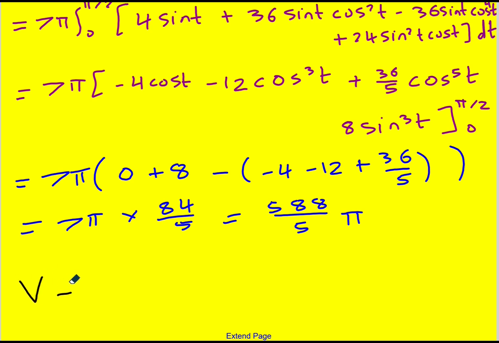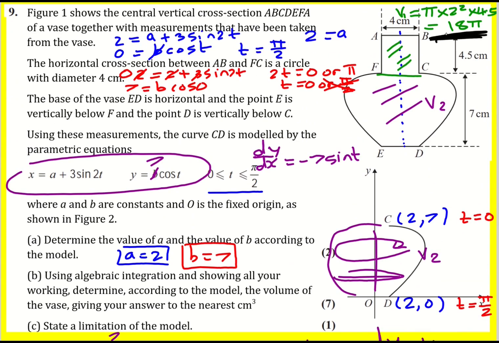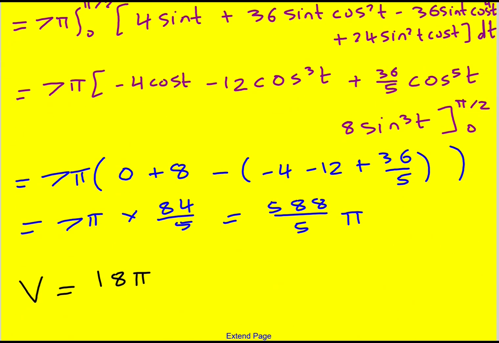And then the final volume is the 18 pi we had at the beginning. Remember, it's a long time ago now, but we worked out the volume of the cylinder at the top. And now we've worked out V2, so it's going to be 18 pi plus 588 over 5 pi.